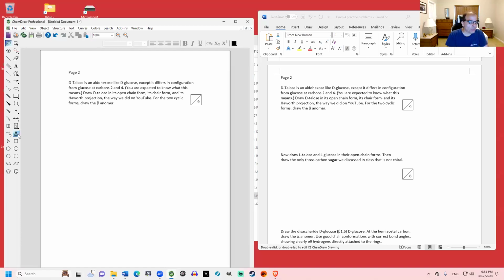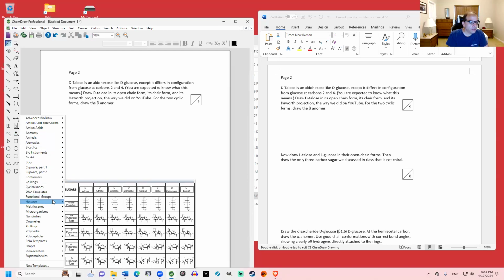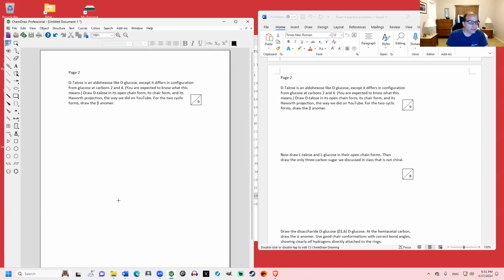So in order to get this right, you need to know what glucose looks like. Glucose looks like this. We introduced this in class today. Your OH groups go right, left, right, right.